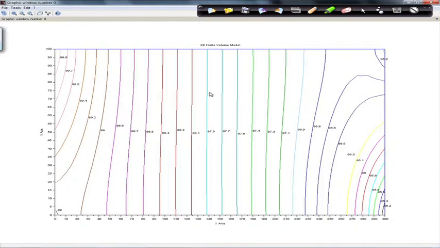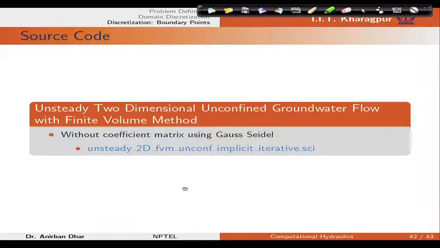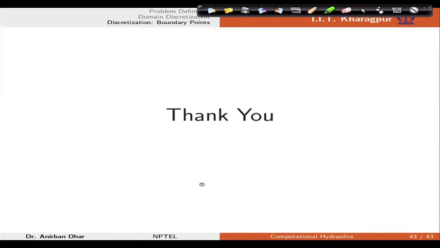So, an iterative technique we can utilize to solve this unconfined aquifer problem. This is all about the unconfined aquifer problem using the finite volume approach. Thank you.